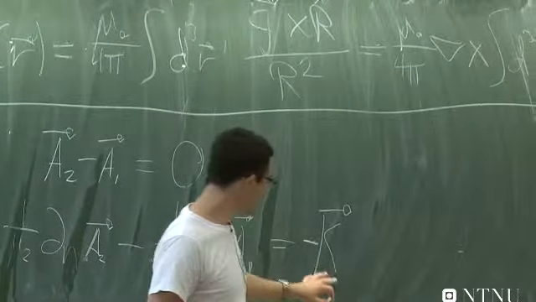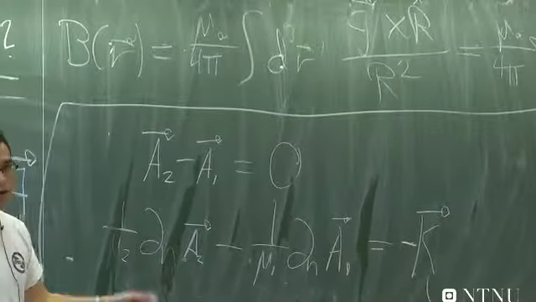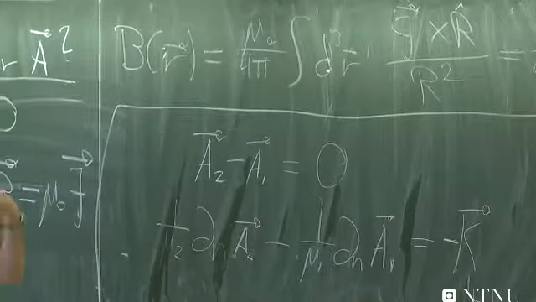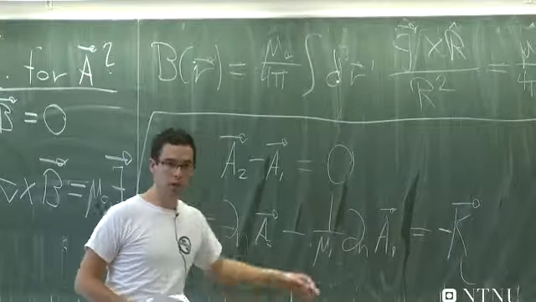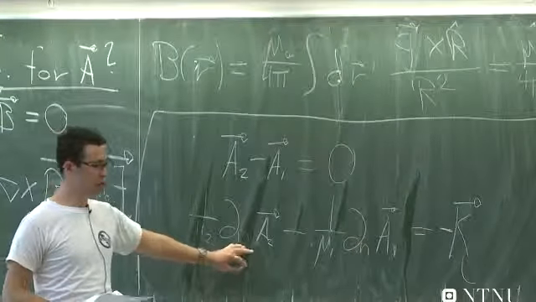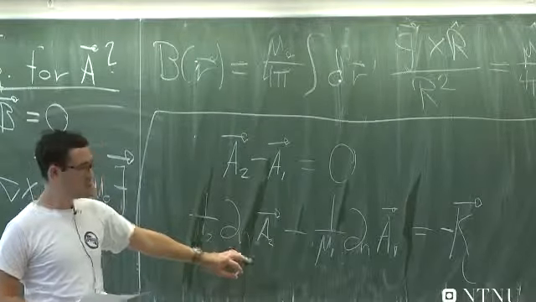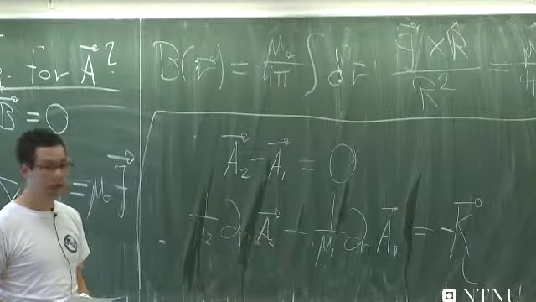This case, of course, followed from the source term in Ampere's law. The nabla cross H is equal to the current density, and this leads to a discontinuity in the normal derivative of the vector potential and of the H field.